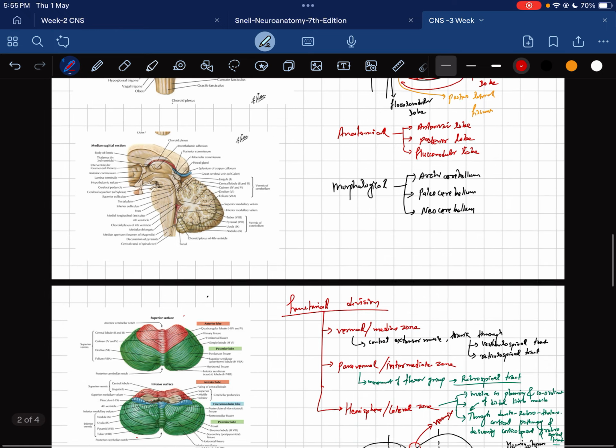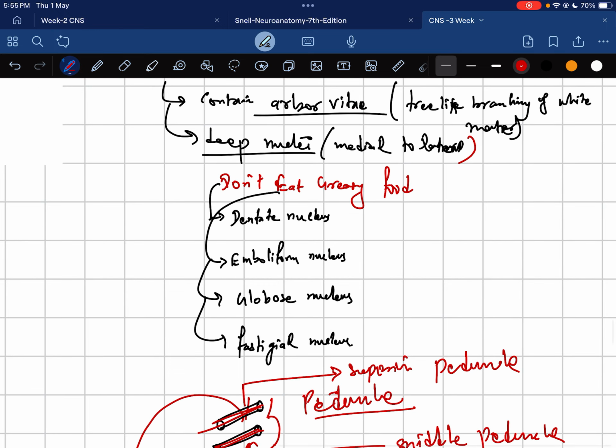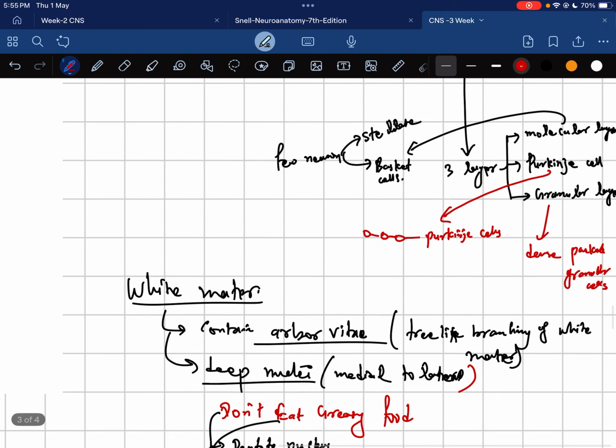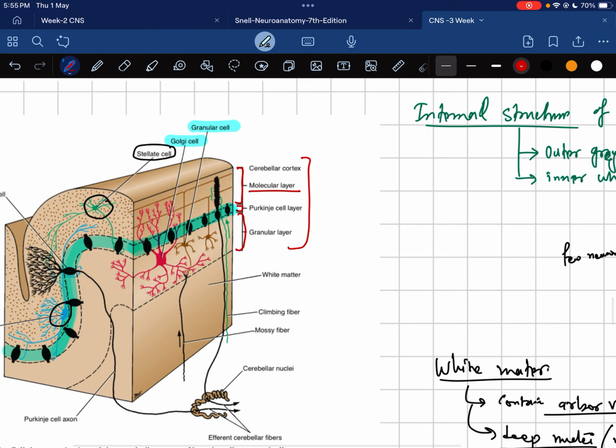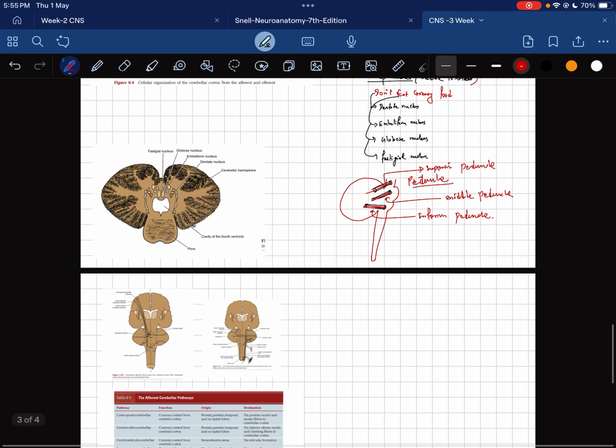I also want to mention that these cells, the stellate cell, granular cell, and Golgi cell, are the intrinsic neurons present in the cerebellum. Now we have covered the peduncles also.